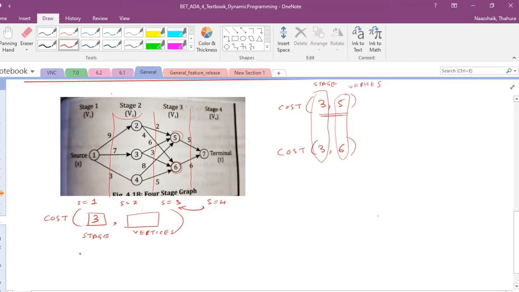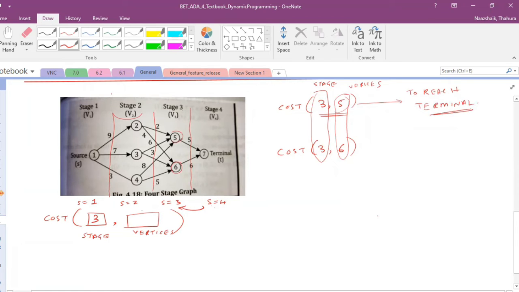I hope this convention is clear. And what this means always, when I say from stage 3, I use vertex 5 to reach always your termination, your destination or terminal. Okay, this is what it means.